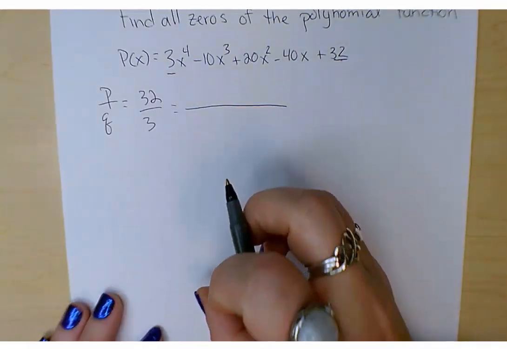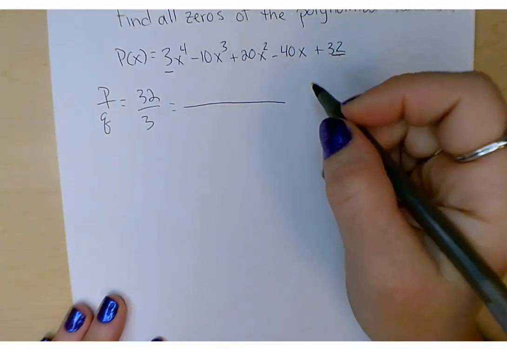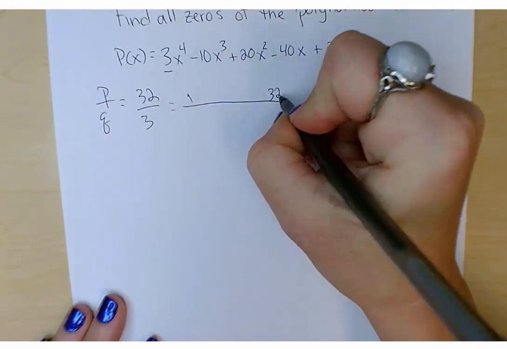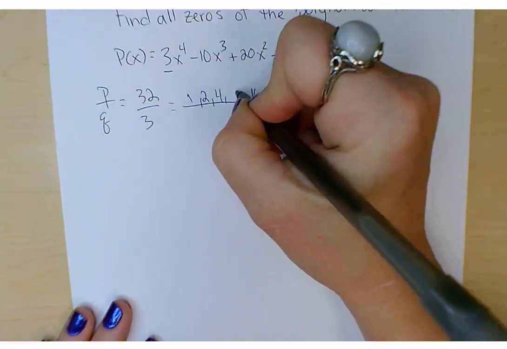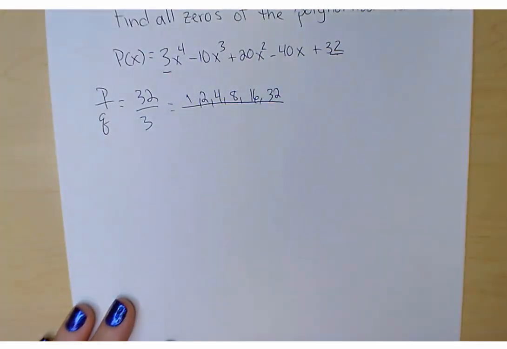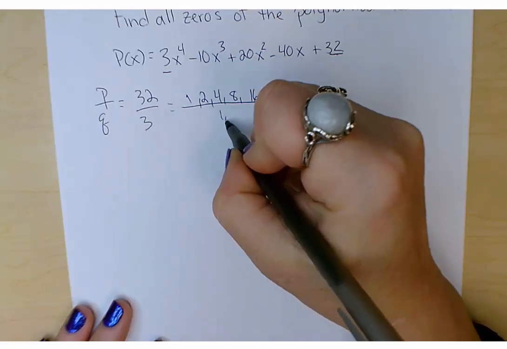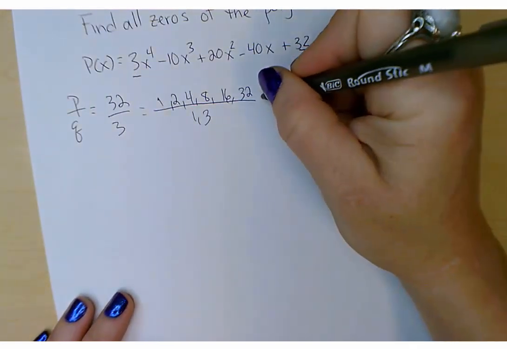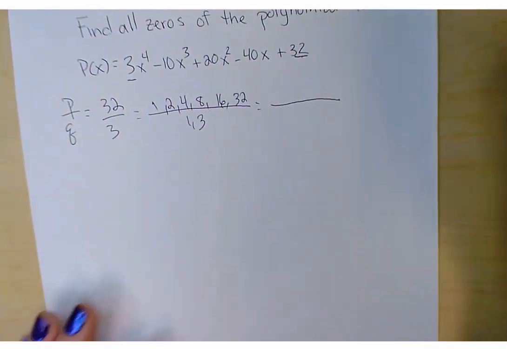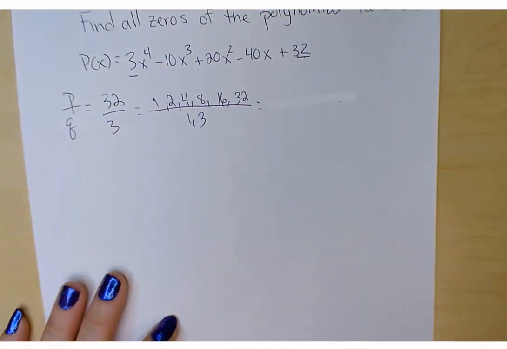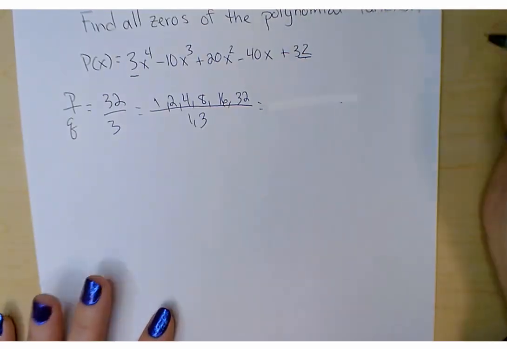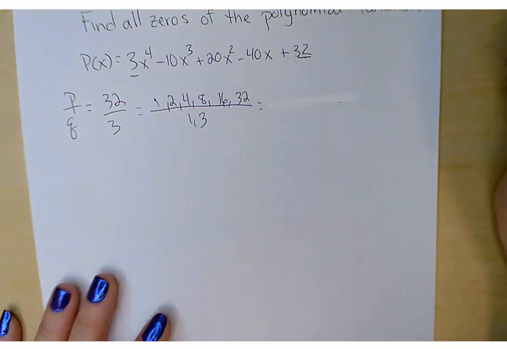So all factors of 32, everything that multiplies to get 32. 1 times 32, 2 times 16, 4 times 8. And that's everything that goes into 32. The only way to get 3 is 1 times 3. Now you want to take every single possible combination of everything in your numerator, put it over every possible combination of numbers in your denominator.